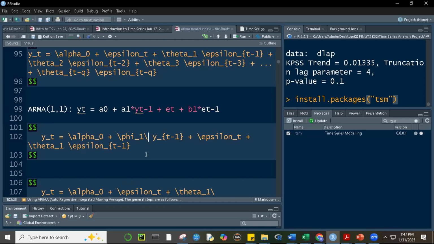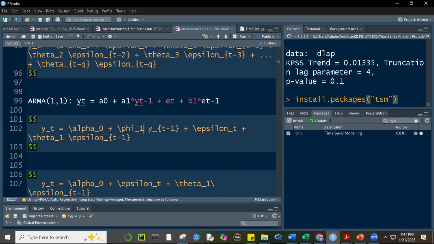For this one, you actually don't need this. All right. So ARMA(1,1), you have your first order of AR and first order of MA. Okay, so the equation will be like this.